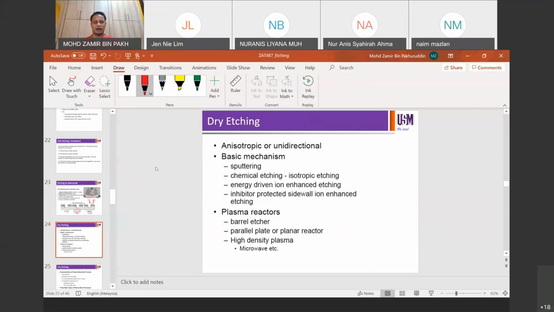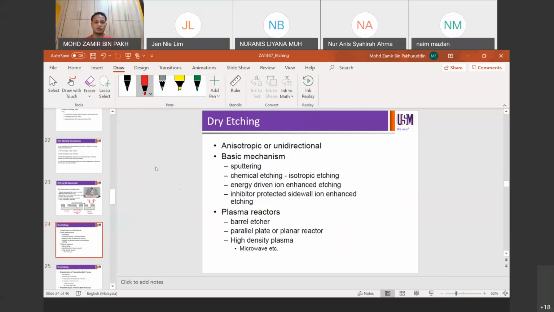So now let's look at dry etch. What is the difference between dry etch and wet etch? Dry etch is generally anisotropic or unidirectional. In some cases, you may also have isotropic dry etch, just like wet chemical etch, which is generally isotropic, but we do have some cases where it can also be anisotropic.